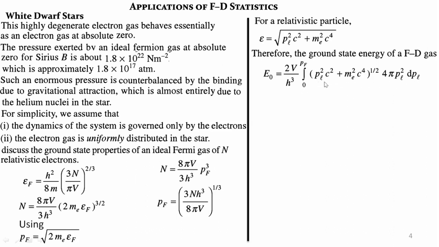So this is the energy part E, and this is our dE part. The dE part means energy in the volume of momentum space in the sphere, say 4 pi P_L squared dP_L, means a sphere in momentum space of radius P_L, between P_L and P_L plus dP. So I hope you can make it out yourself.